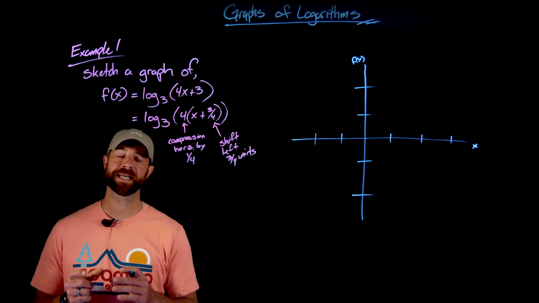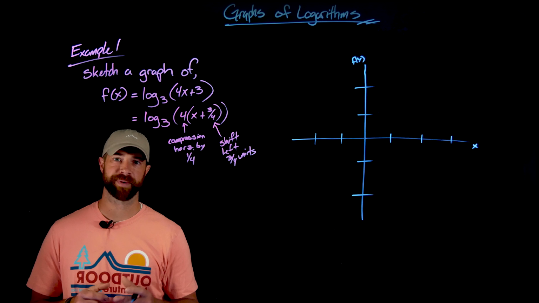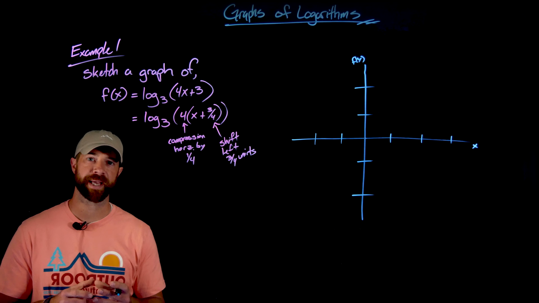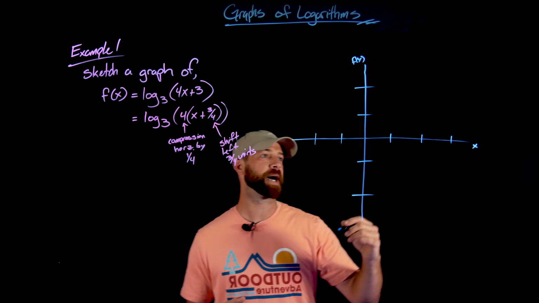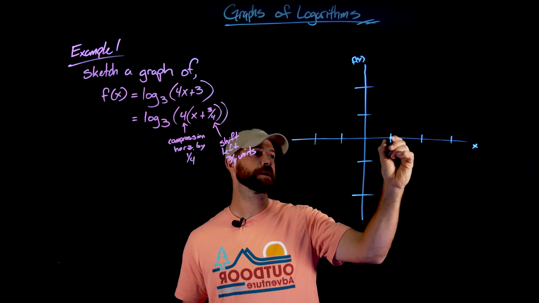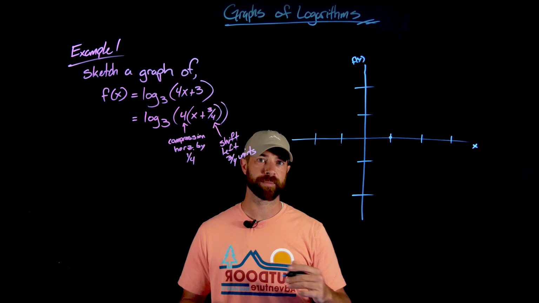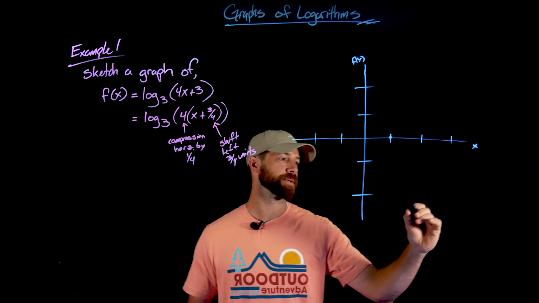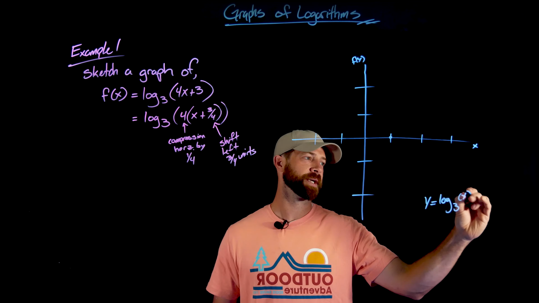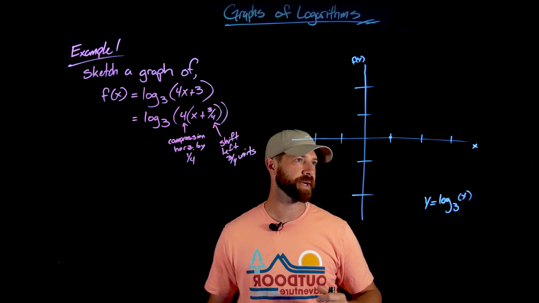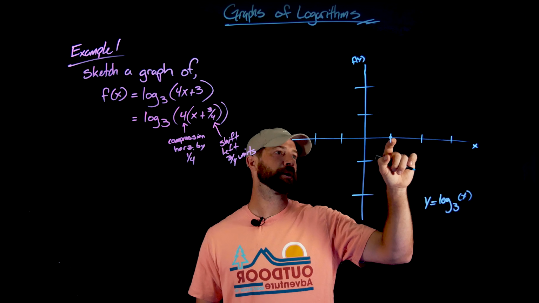All right, the next thing I'm going to do before I apply these transformations is remind myself about the base function, which is log base 3. For the log base 3, I know it goes through the point (1, 0), because every logarithm without transformations goes through that. What I'm graphing right now is log base 3 of x, just to give me some foundation for this transformed function. So I go through the point (1, 0), and I also go through the point (3, 1).